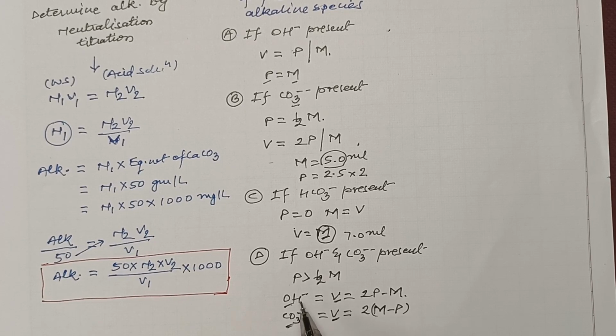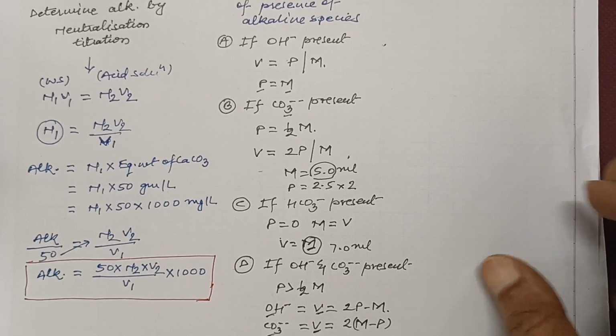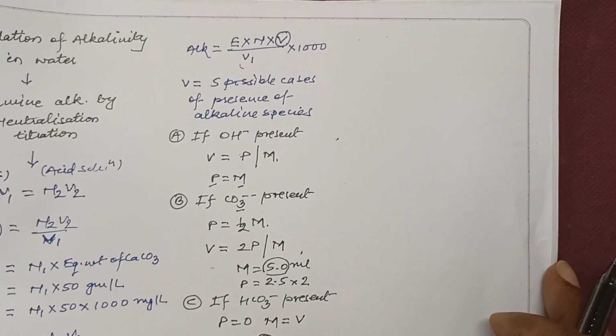But what will be the separate value of acid which is consumed by the hydroxide and carbonate ion, that is 2P minus M for OH negative ion and 2 into M minus P for carbonate ion. So these two values can be taken separately while calculating the alkalinity.